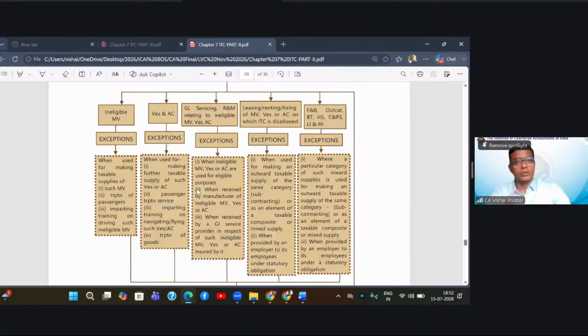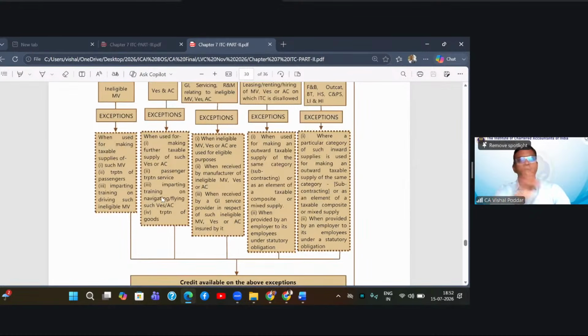So I hope you all have understood both the standard exceptions where the ITC will be allowed. The first exception is where these inward items become your source of business. You are doing business using these items by selling them, renting them, or these items become raw material to produce your final product. Then ITC on these items will be allowed.